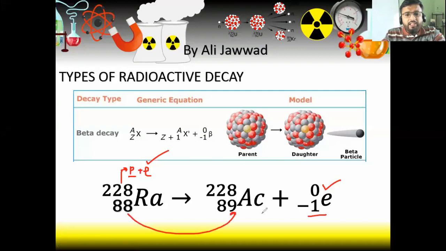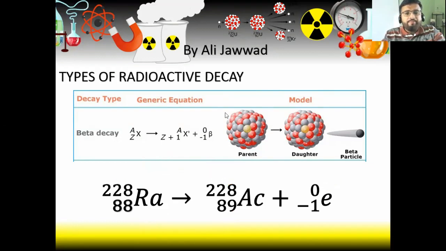So radium has now become actinium while the mass number remains the same. And why is it so? Because the neutron is only getting converted into a proton and it is not leaving the nucleus. So in place of a neutron we have an extra proton, and that is why the nucleon number remains unaffected.